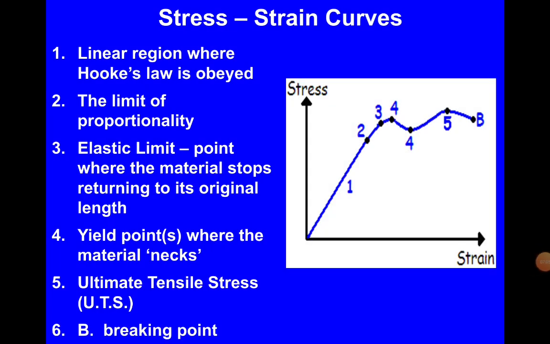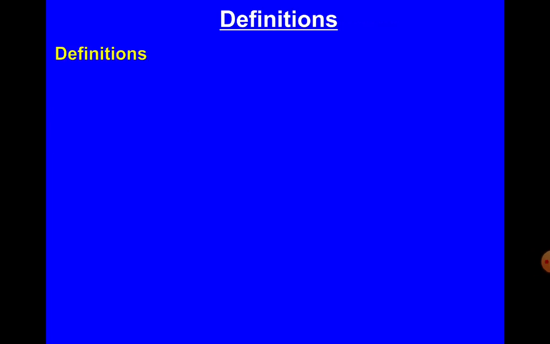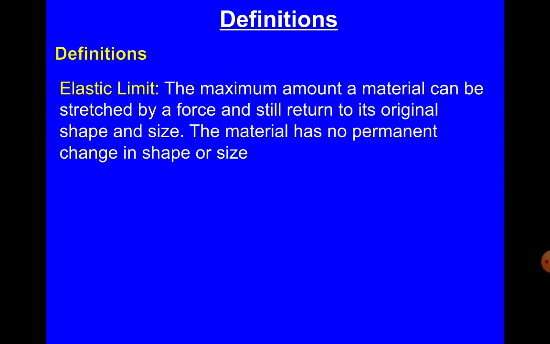Okay, let's again discuss some definitions. The elastic limit is the maximum amount a material can be stretched by a force and still return to its original shape and size, and that means the material has no permanent damage or change in shape.